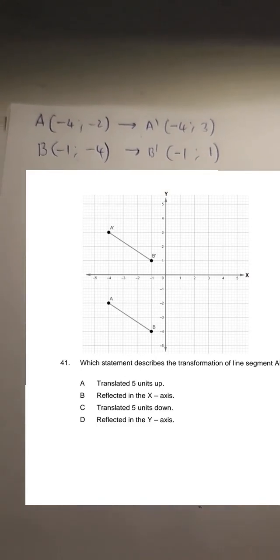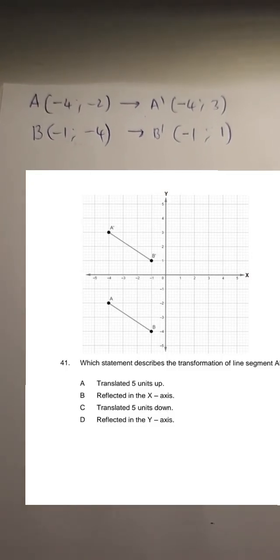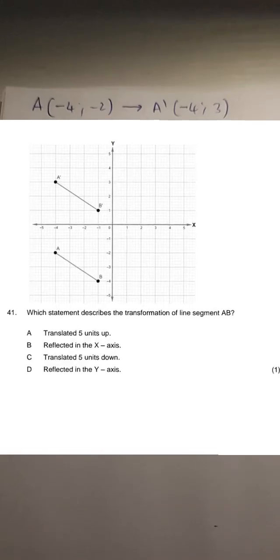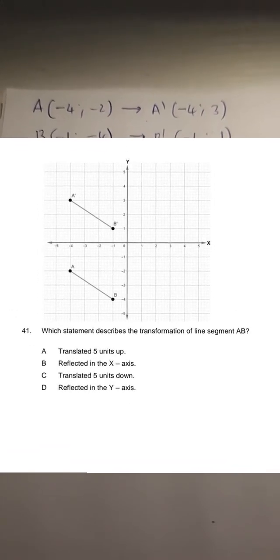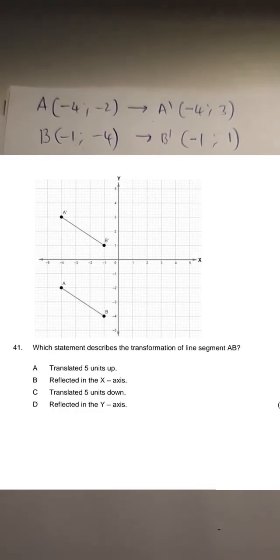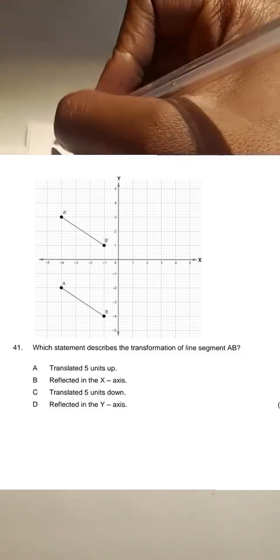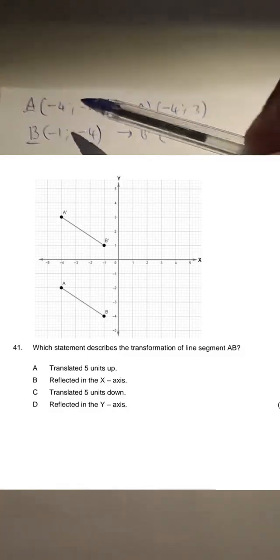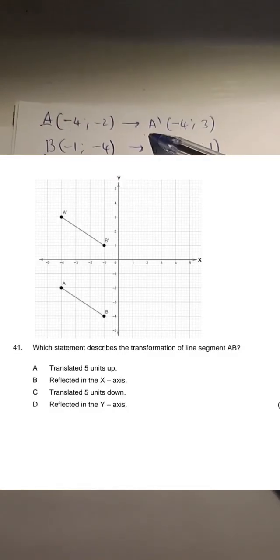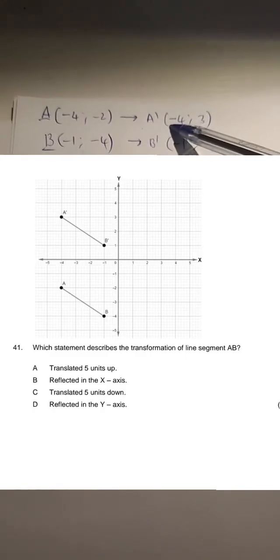So there is something that we need to ask ourselves as per what we see in the options that we are left to choose. The question is saying, which statement describes the transformation of line segment AB? Given that A changed, the X coordinate is still -4.